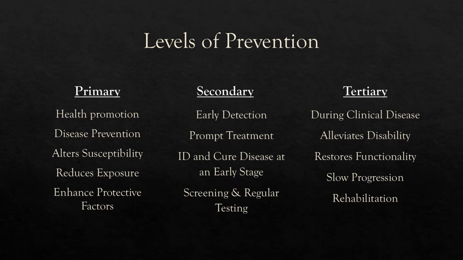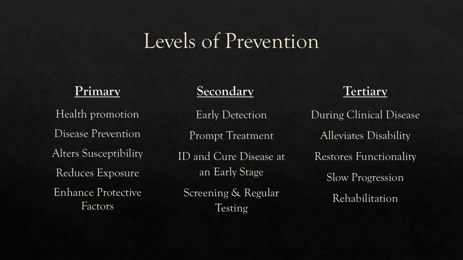So the intent of tertiary prevention is to alleviate disability or restore functionality or slow the progression or prevent death, or to promote rehabilitation to a steady state where the disease is no longer progressing.